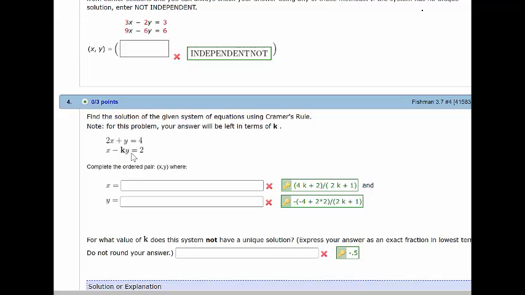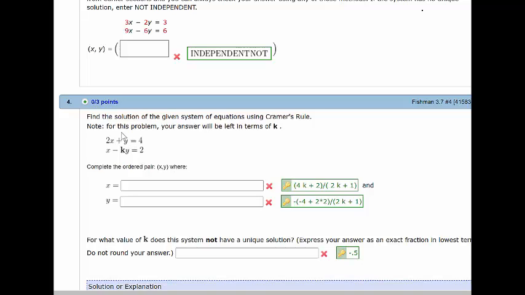When you have 2x plus y equals 4, x minus ky equals 2, you find the solution using Cramer's rule. First you find the determinant of 2, 1, 1, negative k. Then replace your first column 2, 1 by 4, 2. That will be Ax.